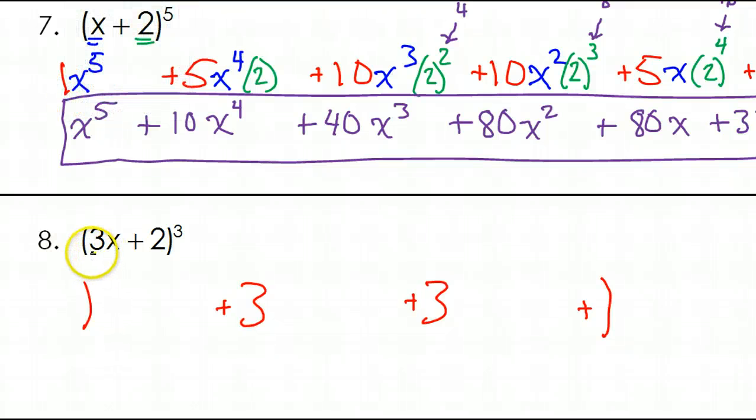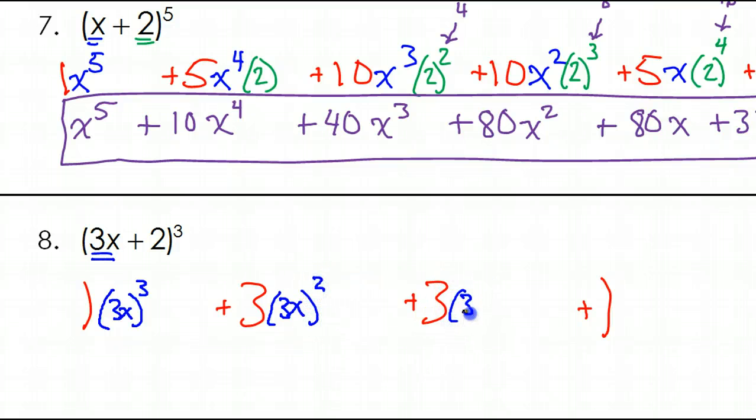So instead of just having x, here I have 3x. So I'm going to start off with 3x to the third power, and I'm going to decrease from there. So then I will have 3x squared, and then I'll have 3x. So that's it for the 3x's. I will have none on the last term.